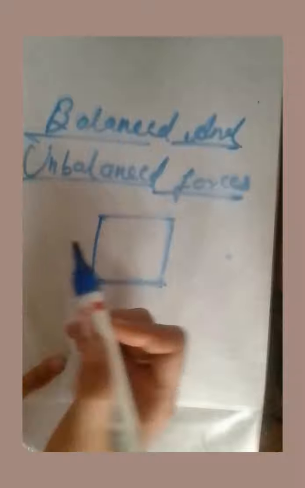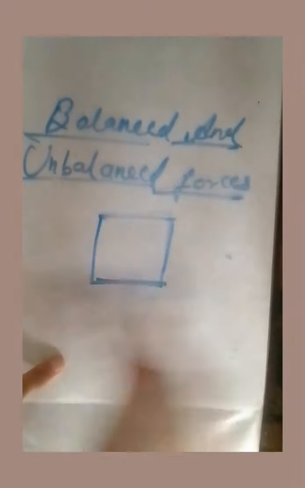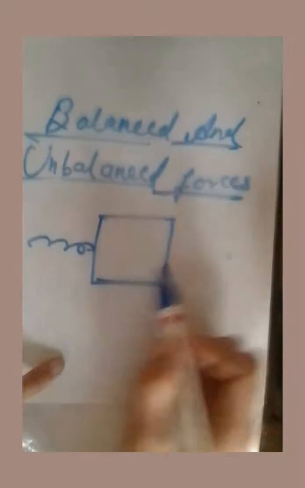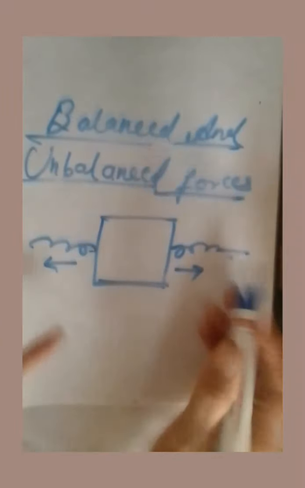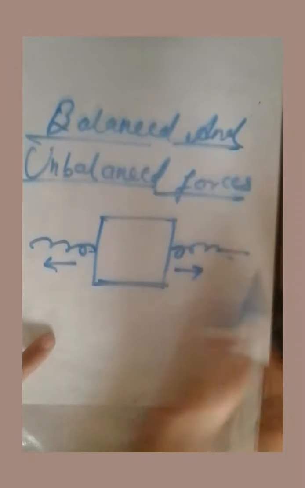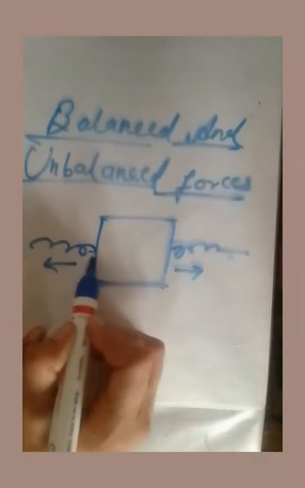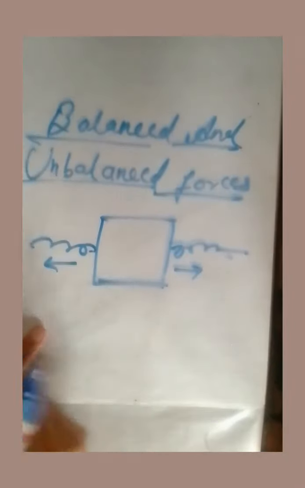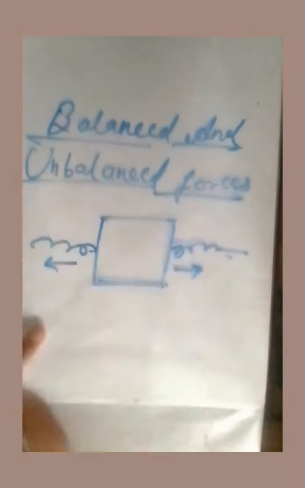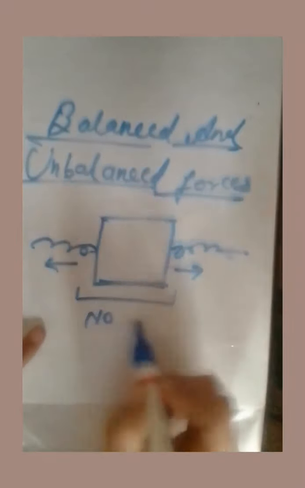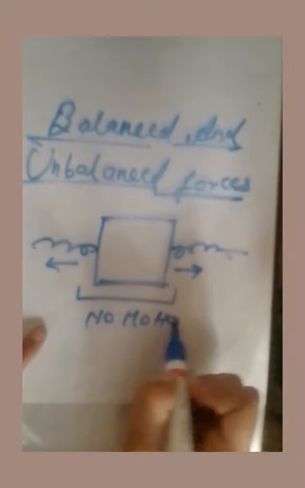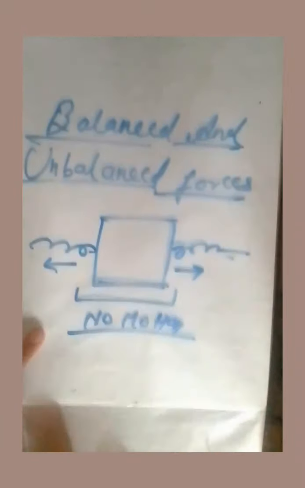For example, this is the carton, and one person is pushing from here and one person is pushing from there, each in their own direction. Both are applying the same force, so there will be no motion, no movement of this carton.